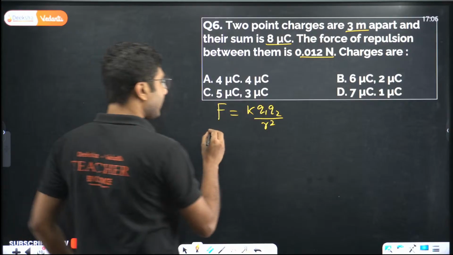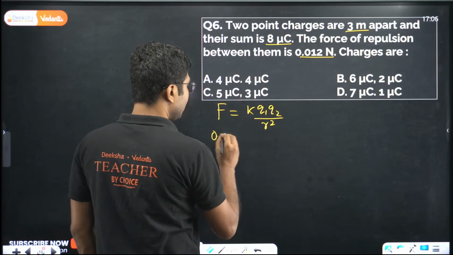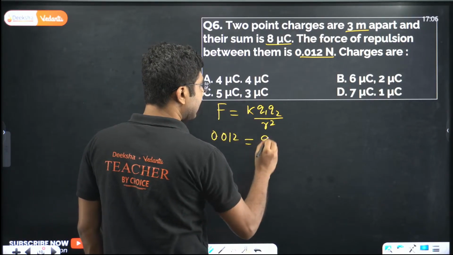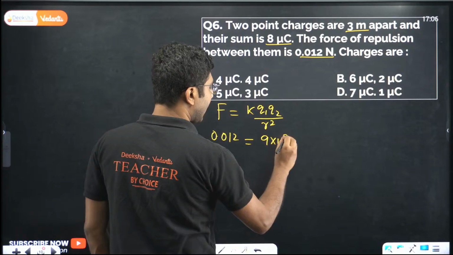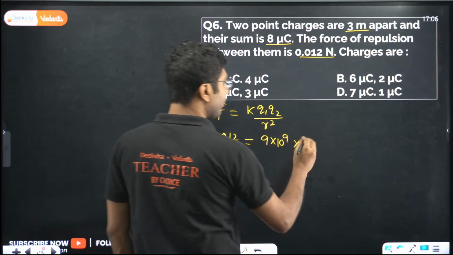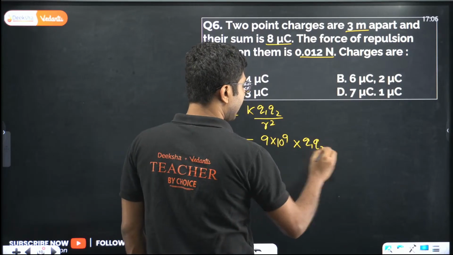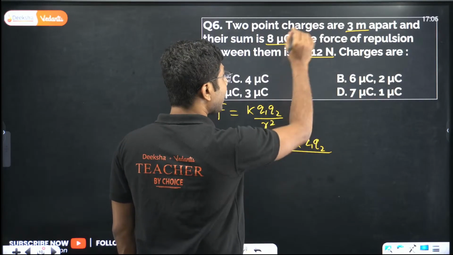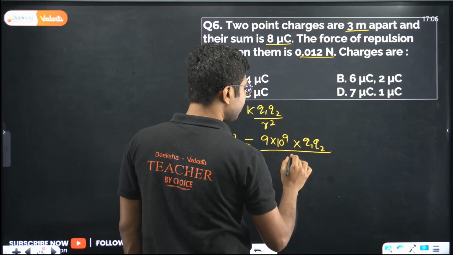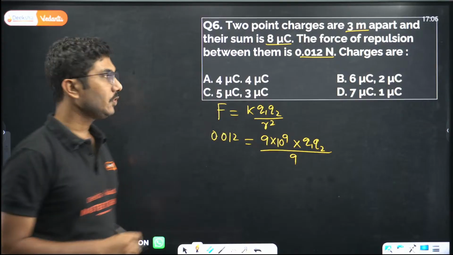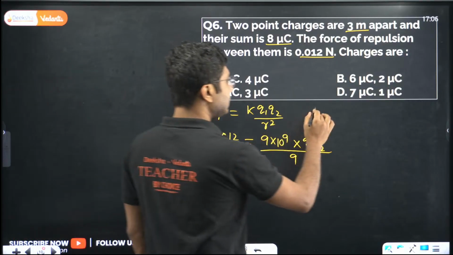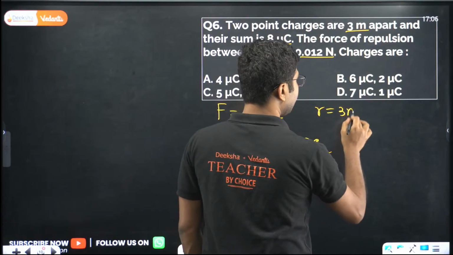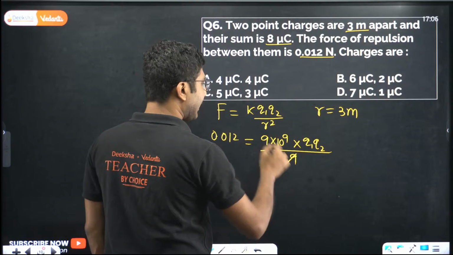Okay, so F is given 0.012, K is 9 into 10 to the power of 9, Q1 Q2 is not known. Okay, Q1 plus Q2 is known, but Q1 Q2 is not known. R square here, R is given as 3 meters, so R square is 9, so 9 cancels.